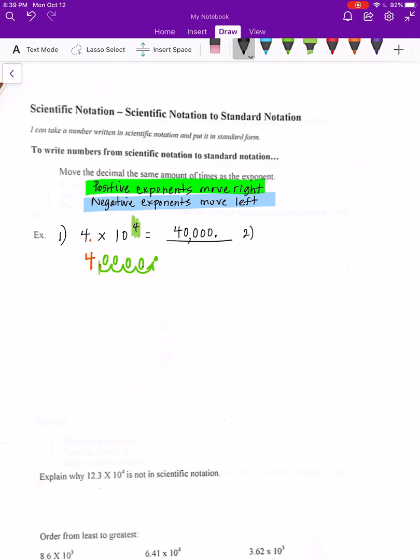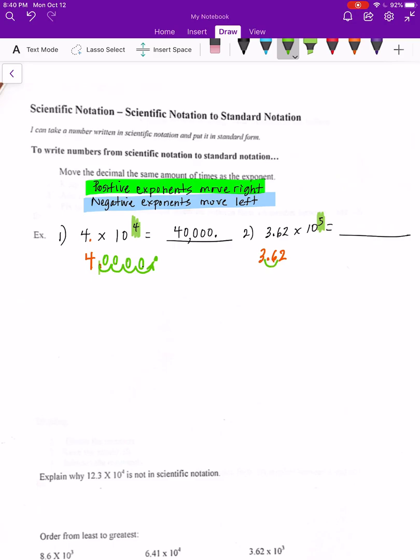So here we go. Number 2. 3.62 times 10 to the 5th power. So again, another positive exponent. So you're going to take the number, which was 3.62, and this time we're going to move it 5 times to the right.